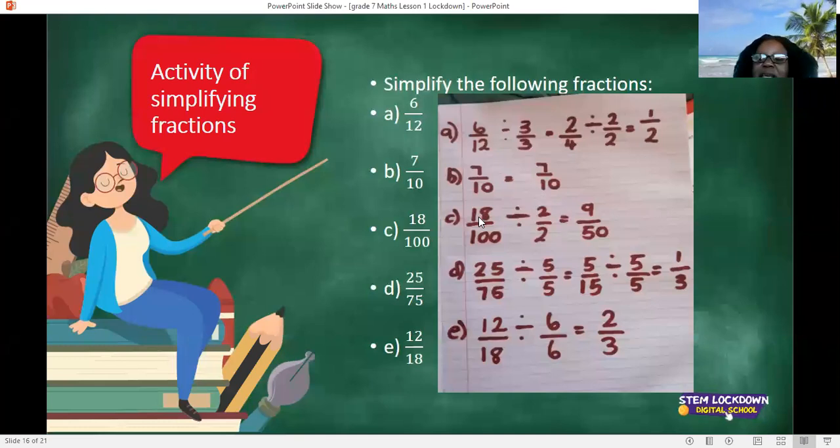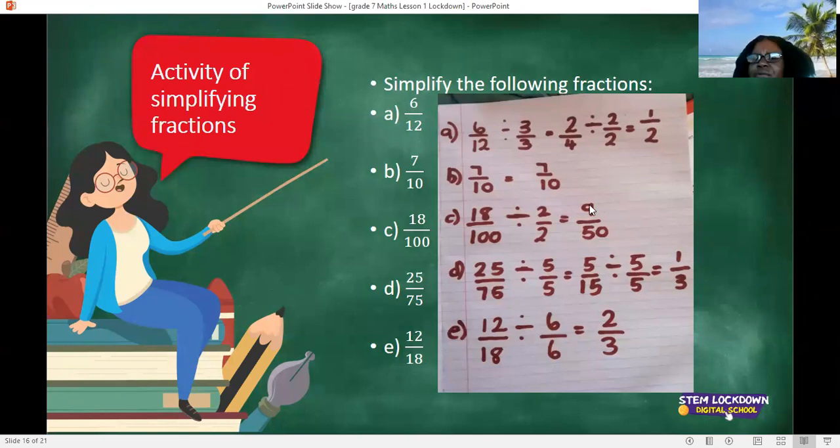And then number C is 18/100. So you have to find a number that goes into 18 and a number that goes into 100 and leaves no remainder. Because 18 is an even number and 100 is an even number, the first one that will come to your mind is to divide it by 2. 18 divided by 2, I get 9. 100 divided by 2, I get 50.